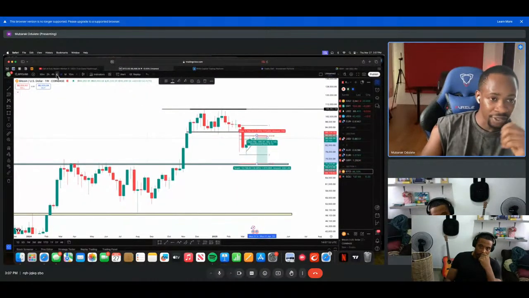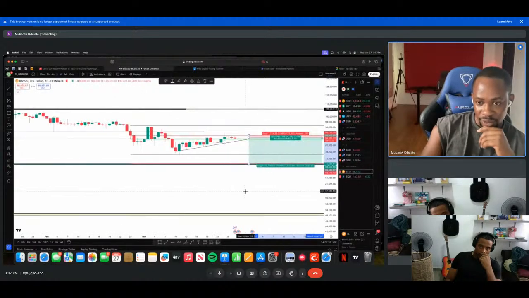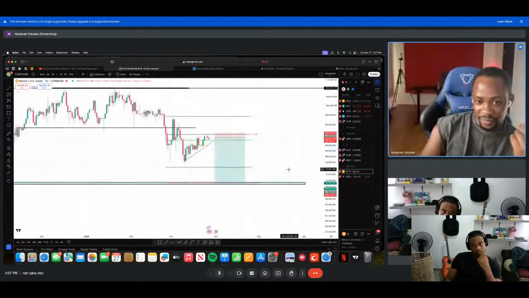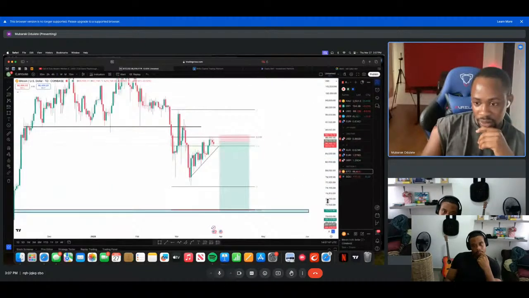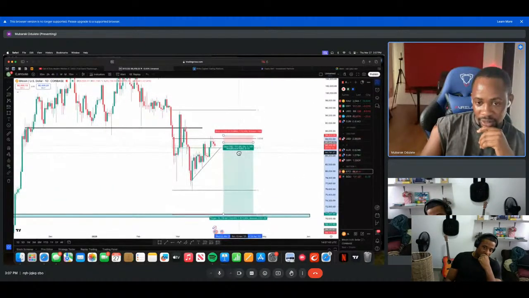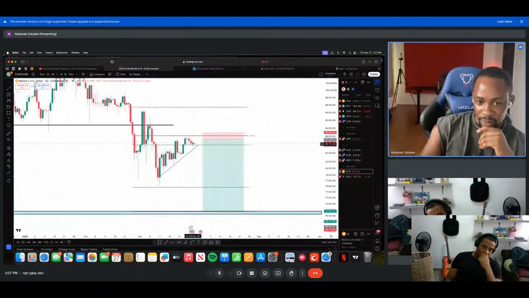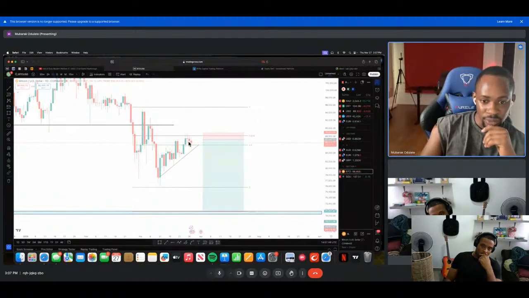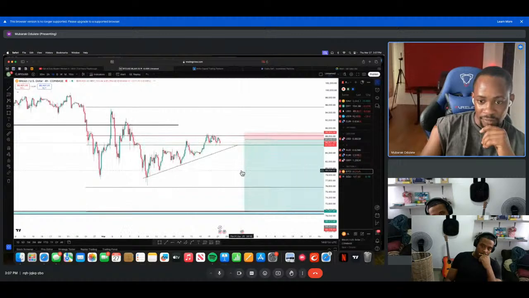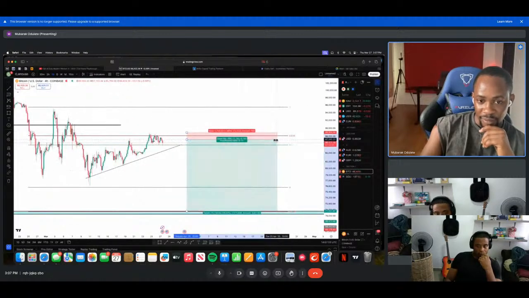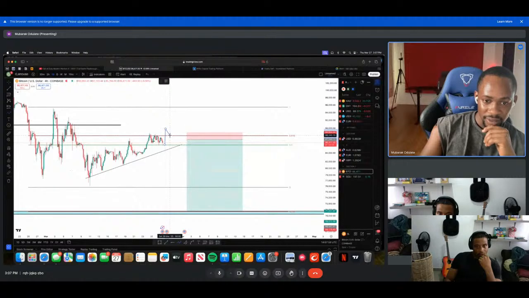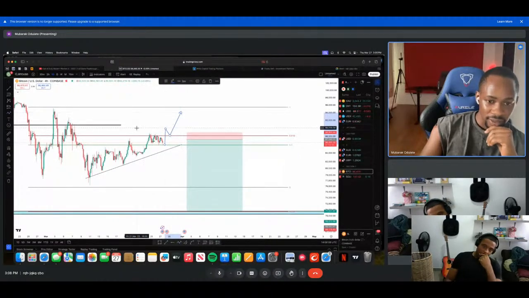I've seen an entry. Let me go to the lower time frame so you see what I'm saying. I've seen an entry, but the entry is not yet giving me what I want. I need a serious daily engulfing candle or 4 hour engulfing candle from here. I know how to sell from here, but what if we just keep buying and I'm going to lose my money?